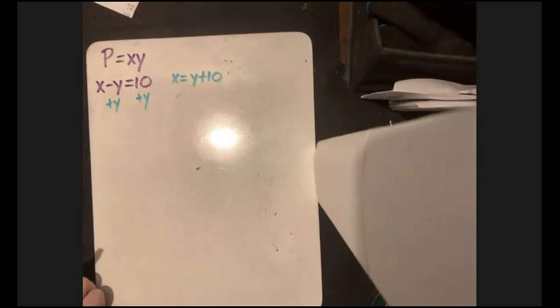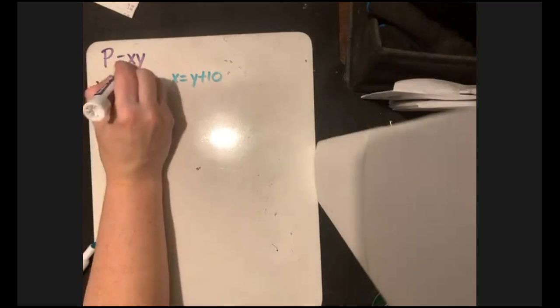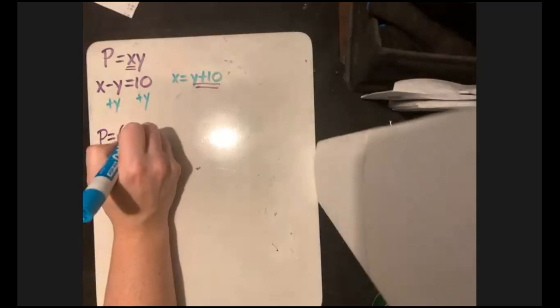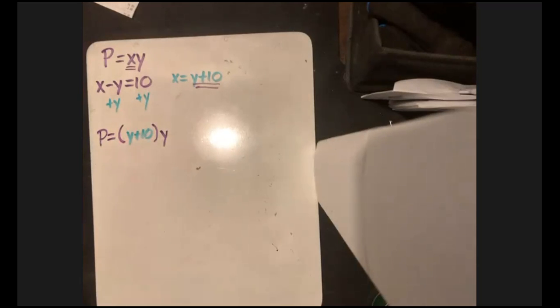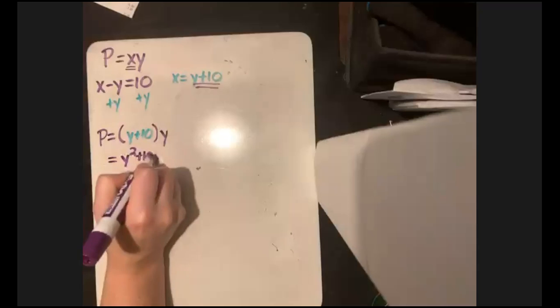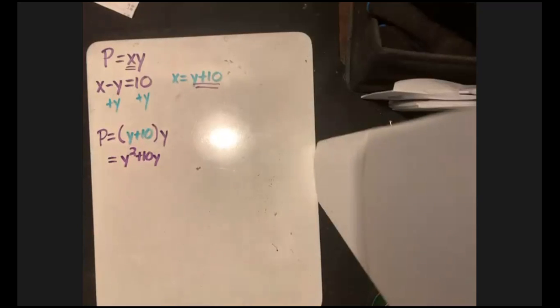And now I'm going to replace the X in this equation with what I know it's equal to over here. So now I've got P equals Y plus 10 times Y. Now, distribute. And we've got something that looks like this. And now this is very traditional, quadratic looking.